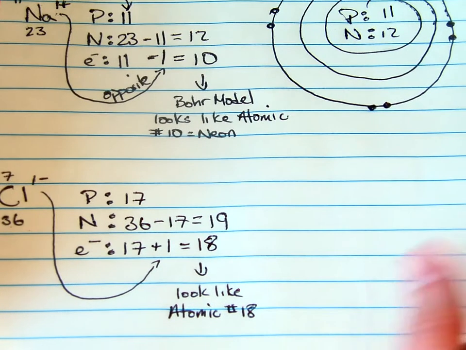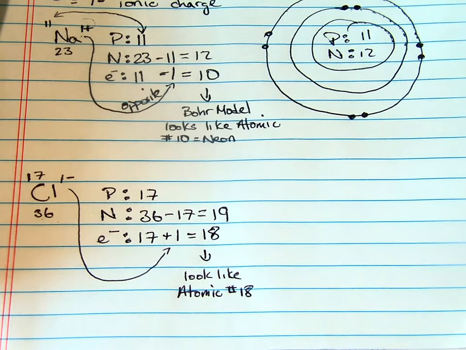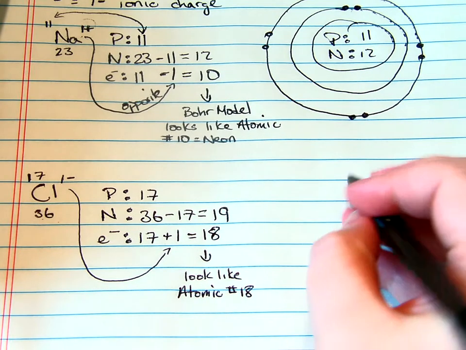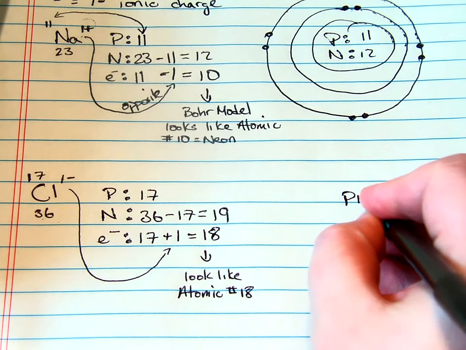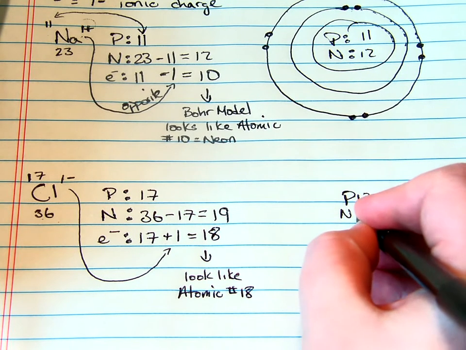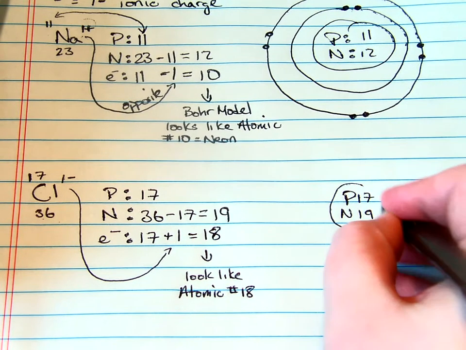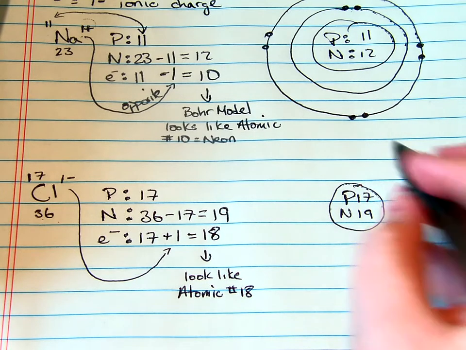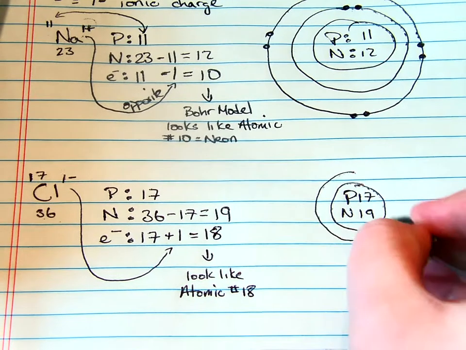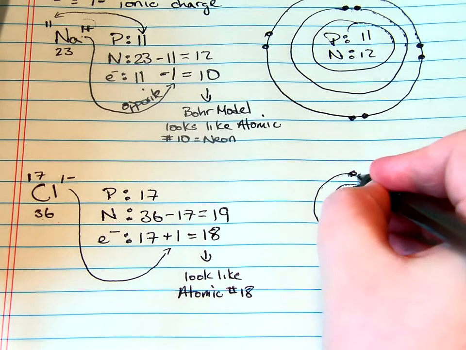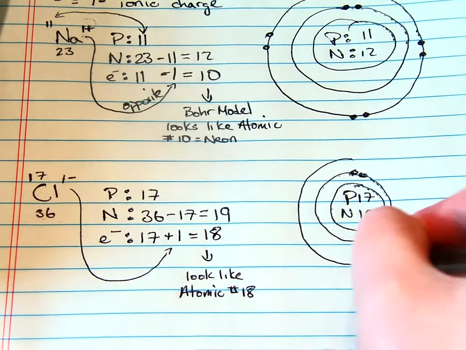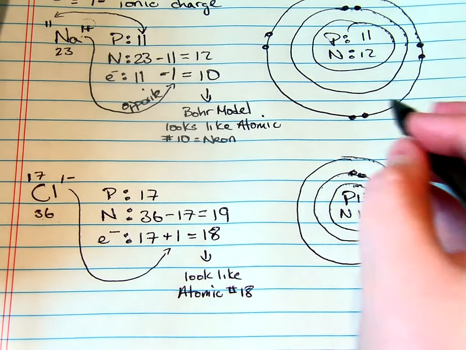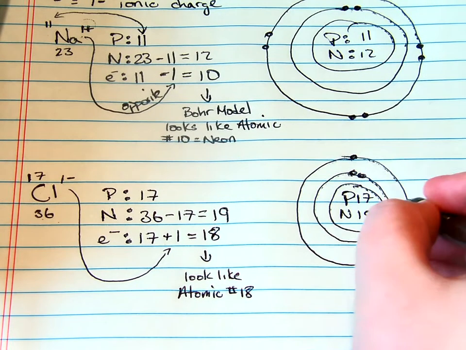So, I'll zoom out a bit for my atomic model. Protons 17, neutrons 19, never putting anything on that nucleus. First shell, 2 electrons at the top. Second shell maxes out at 8.